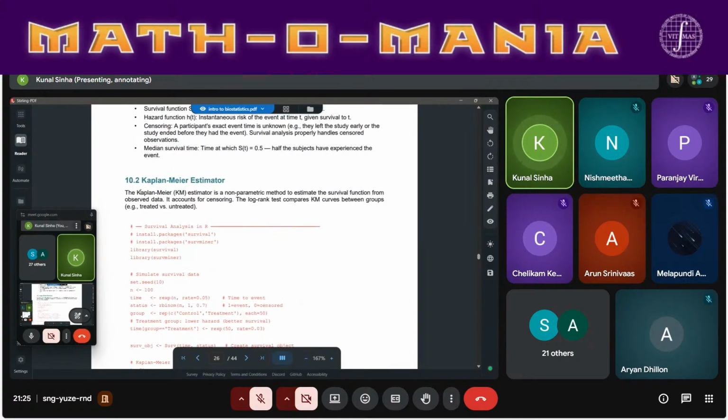Now, like I said here, Kaplan-Meier estimator is here. It's a non-parametric method to estimate survival function from observed data. So basically in the USA there is this thing called NIH, National Institutes of Health.